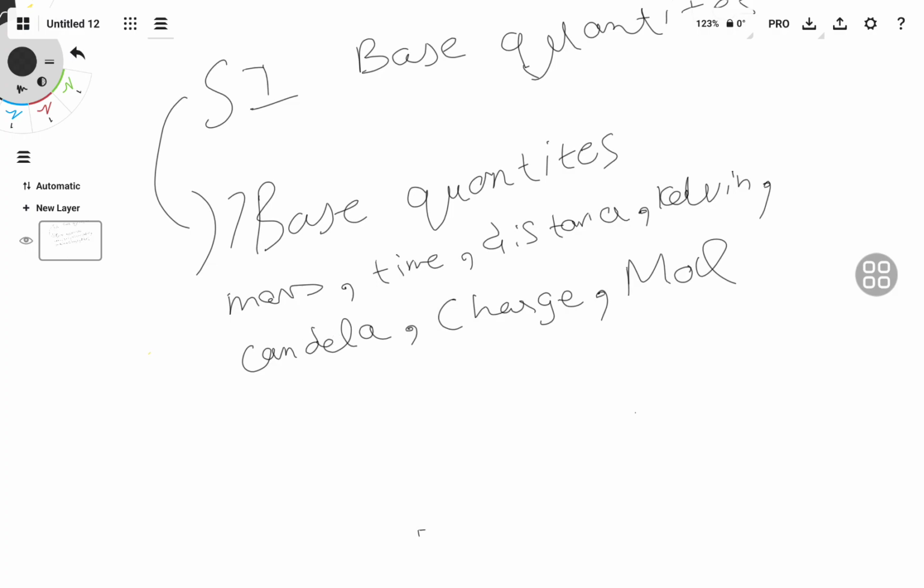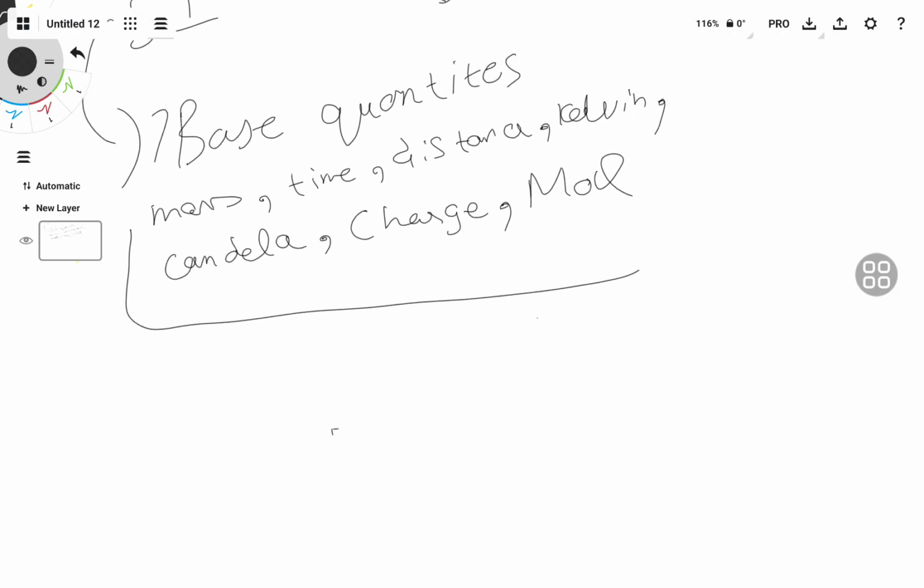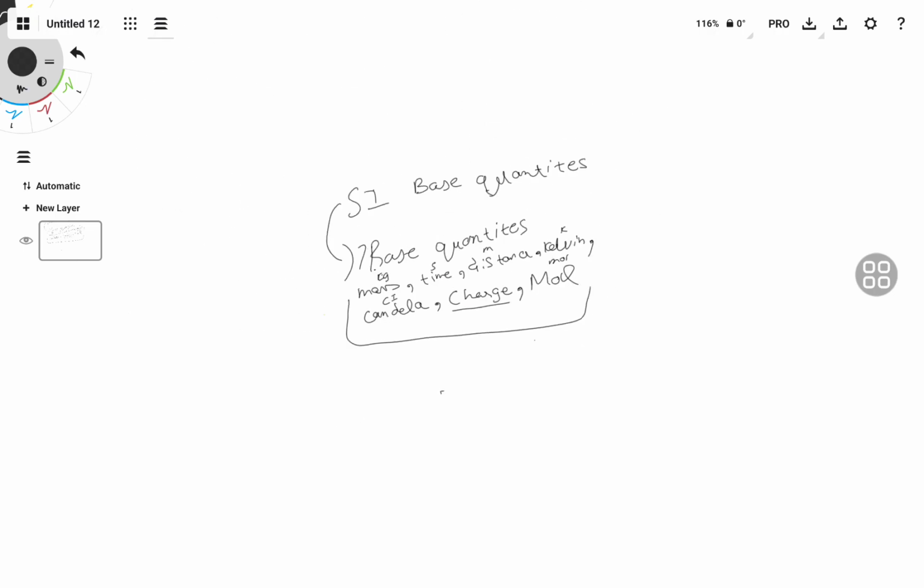Next, all of these can be derived. This is gram, kg, seconds, meter, K, C, mole, Avogadro number of particles or just mole, and Candela. I don't know about this one, I will revise this.